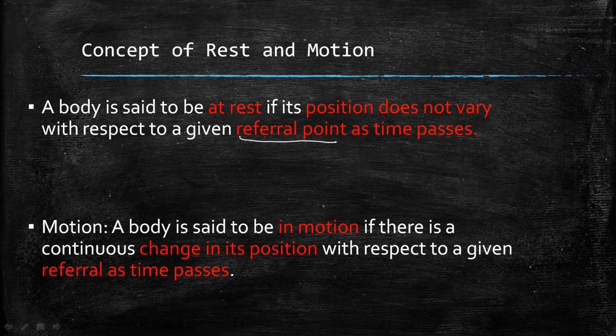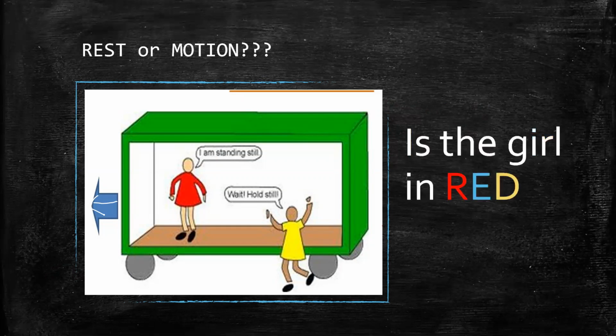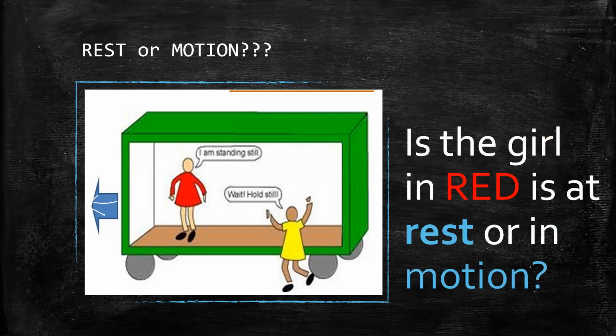In order to understand the importance of the referral point, let me show you a picture. In this, you can see two girls. One girl with a red colored dress is standing inside a moving bus. Let the bus move from right to left, as shown by the arrow mark. Now, if I ask you whether the girl in red is at rest or in motion, will you be able to give me a proper answer?